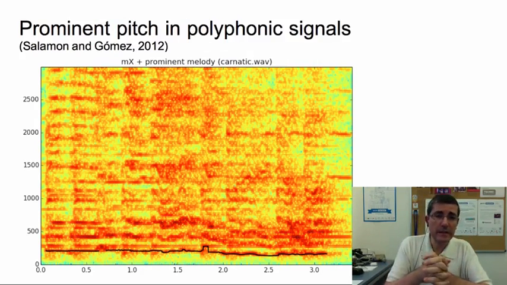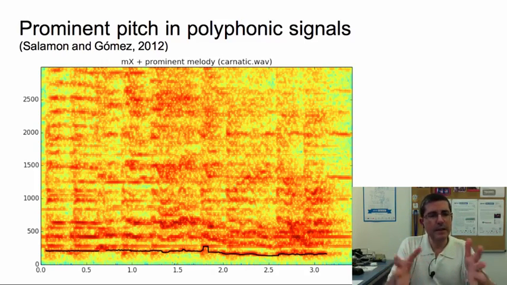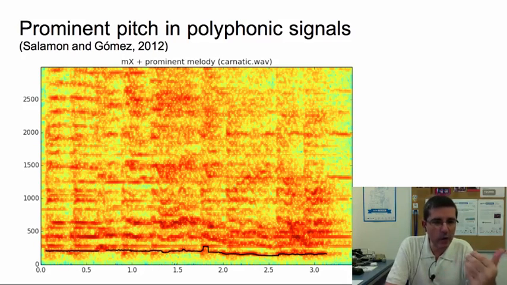Salamon and Gómez presented an algorithm that on this type of harmonic summation contours is able to identify which is the lead instrument or the lead voice, and therefore the prominent harmonic instrument, in this case the voice that is singing. And it does a pretty good job.